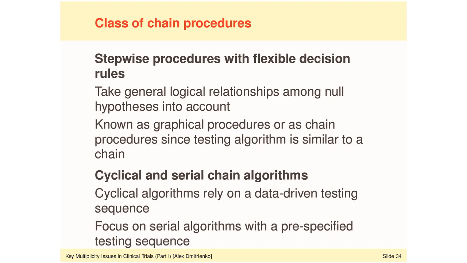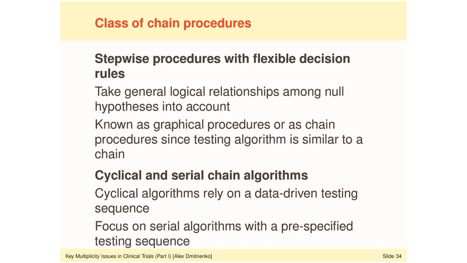I would like to emphasize that the 2 testing algorithms are mathematically equivalent to each other, and they lead to the same set of conclusions and the same set of adjusted p-values. And also, another quick comment is that in what follows, I will provide a rather high-level description of the class of chain or graphical procedures with emphasis placed on its key features.